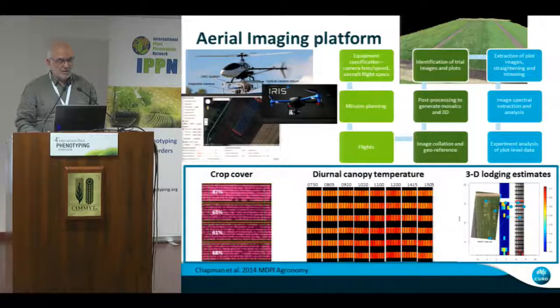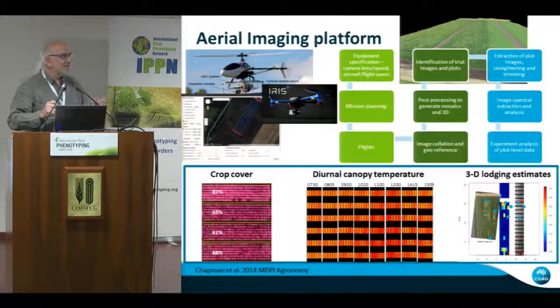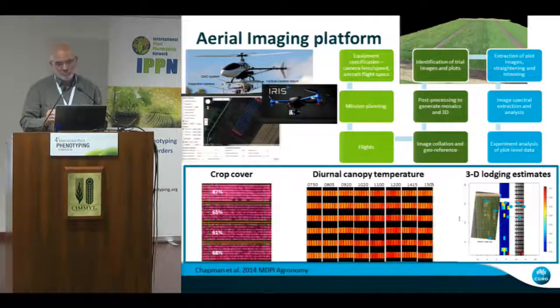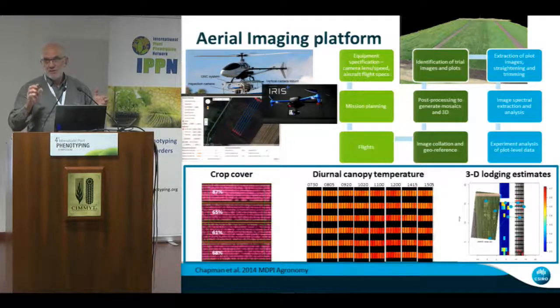Scott's been playing around with this aerial imaging platform in Queensland and has developed a very nice, again, I think Melba made this point, you've really got to have your data curation and processing really sorted for these things, because you generate, I can't use the Australian terminology, but what shall we say, a lot of data, and you've got to get it right, and you want to get it back to plot scale things that you can use to do things with, rather than just an index at a point in time, which I think was also KWS guy's point and Daniela's point. You really need to look at the dynamics across time if you really want to have an effect on heritability.